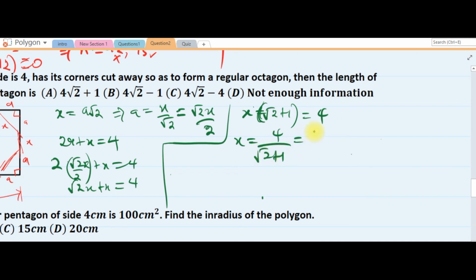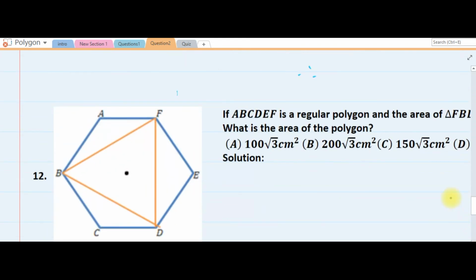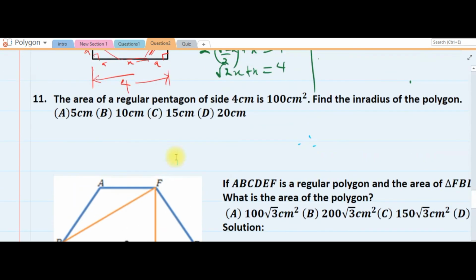So if you rationalize, 4 times root 2 minus 1 over root 2 squared minus 1, which is 4 root 2 minus 1. So the answer is C. That's the answer. The answer is C.